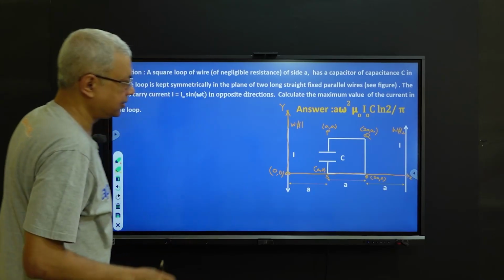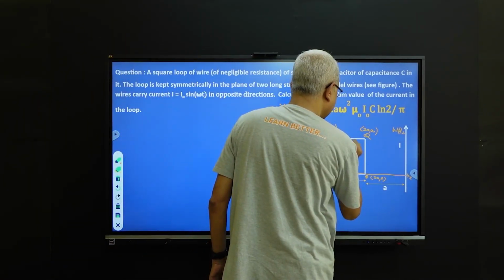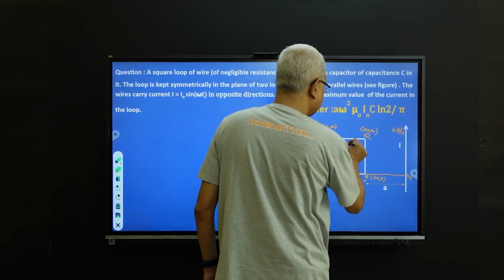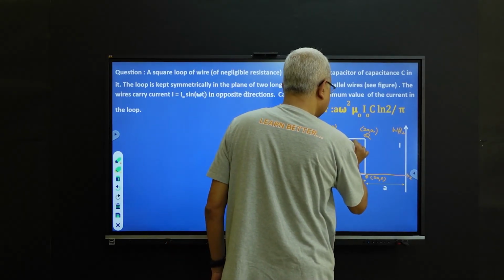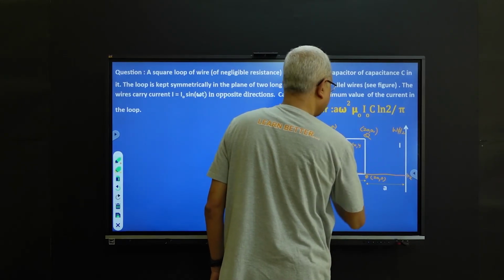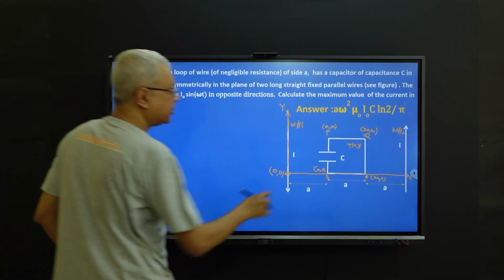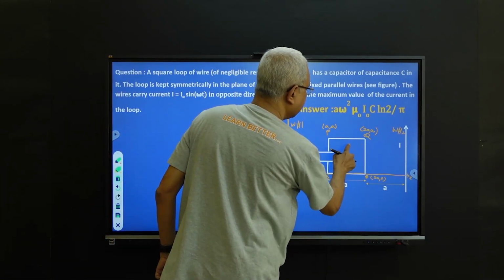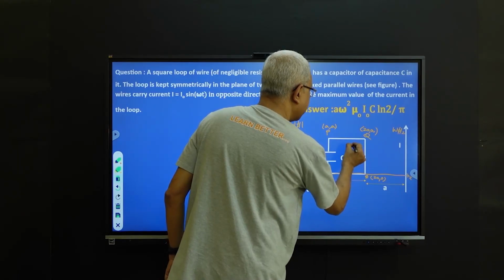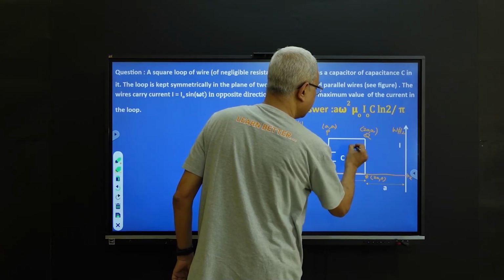Now consider a point, say this point you call T, whose coordinate is (x, y), in this plane inside the loop.